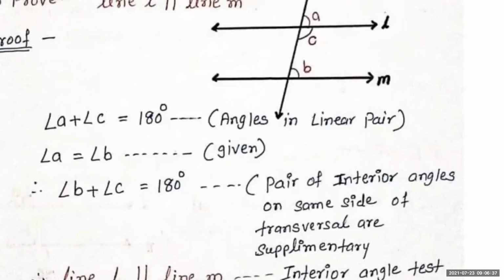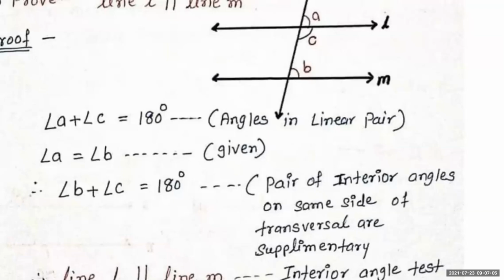Now what is given is that angle A equals angle B, because both are corresponding angles and corresponding angles are congruent to each other. So their measurements are also equal.